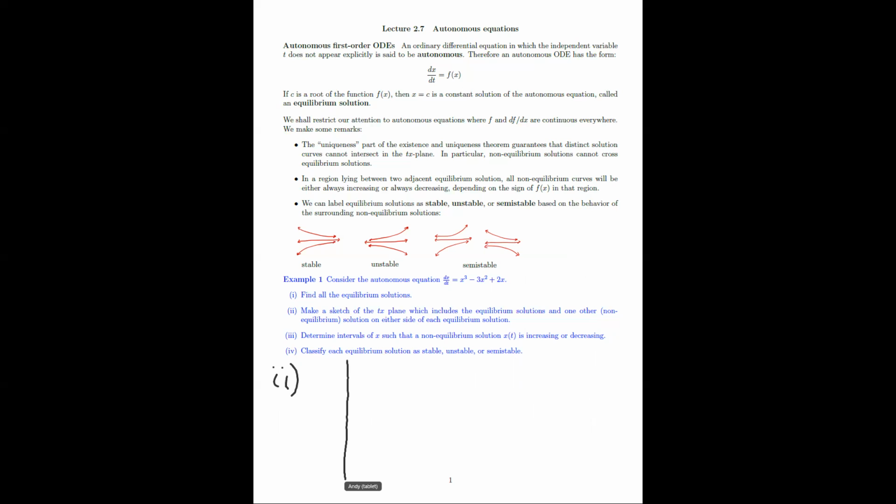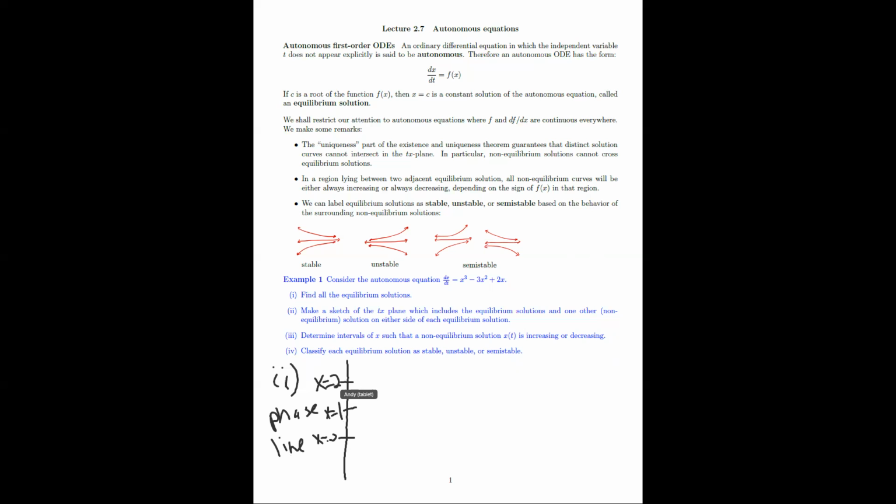So here is our phase line, but we rotate that phase line vertically. We draw in our equilibrium solutions: x equals 0, x equals 1 here, and x equals 2.